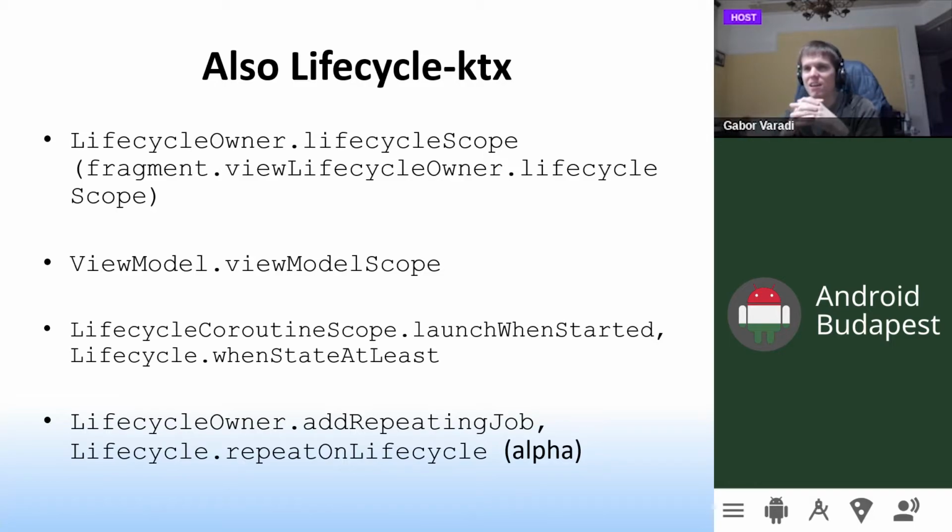And for these, Google provides us with either the launchWhenStarted method, or it now provides the addRepeatingJob, which, I hear that name is subject to change as it's alpha. It's one of the newest things that Google released, which allows cancellation of the coroutines rather than just suspension of them.